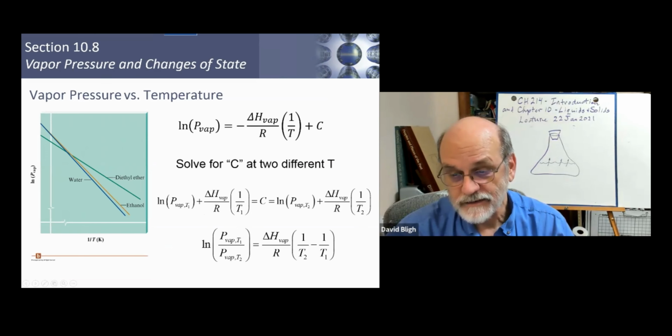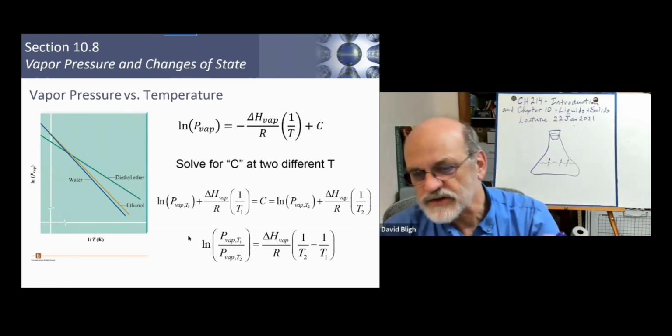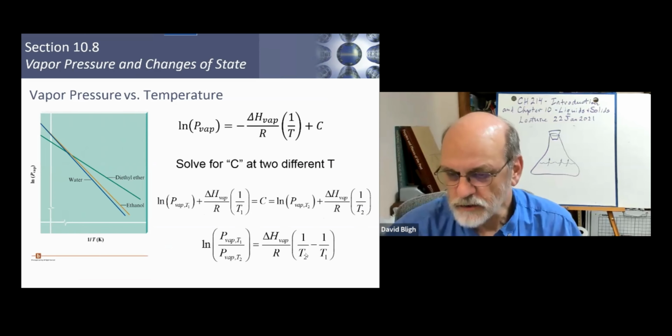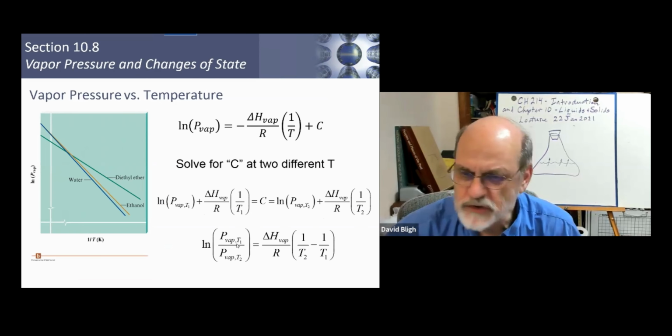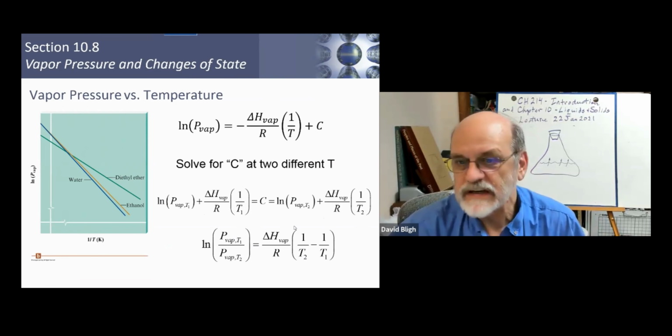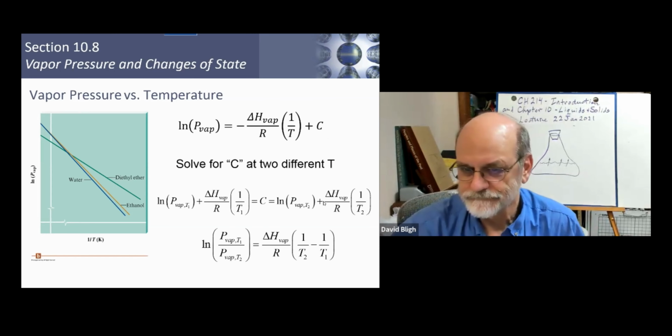And if you do that at 2 different temperatures, then you can use this modified integrated equation. There's temperature 1, there's temperature 2, and this just combines them at the end. So temperature 1, temperature 2, 2 different measured vapor pressures. Now we're in business. We don't need to know what that C constant is.